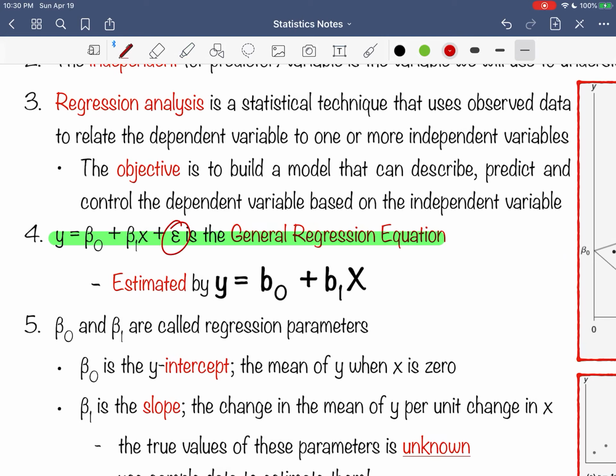Of course, because this is the general regression equation, it comes from a population. Population is not usually observed. We will estimate these coefficients, and the estimated equation will look something like this. y is equal to little b0 plus b1x. Oftentimes, you will see this with a little hat. The hat stands for estimation.